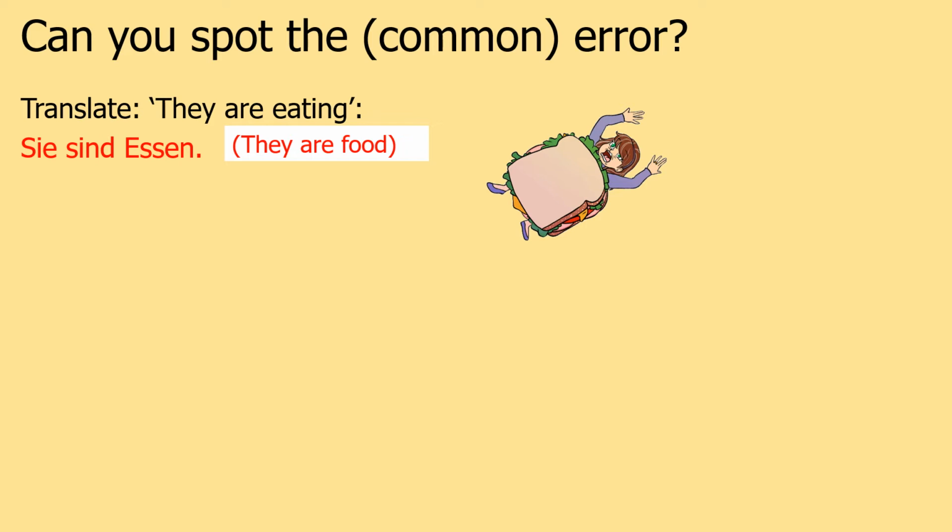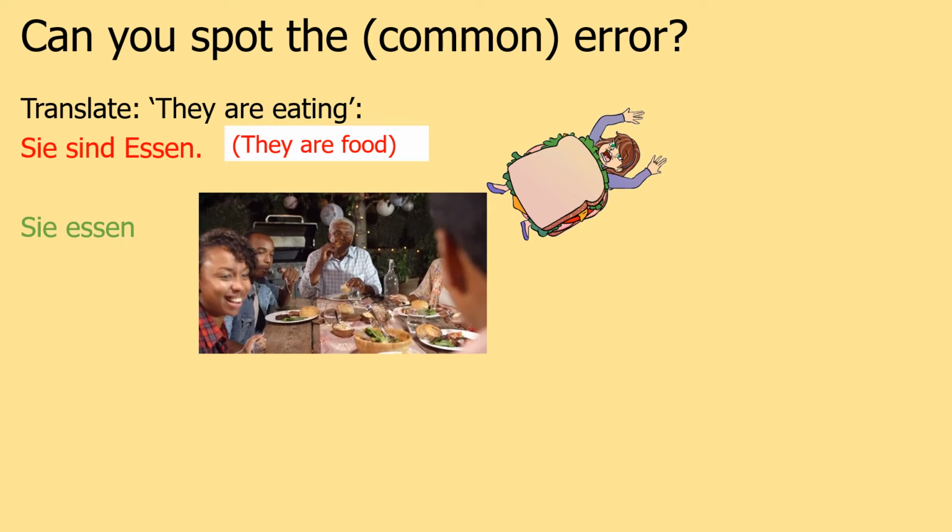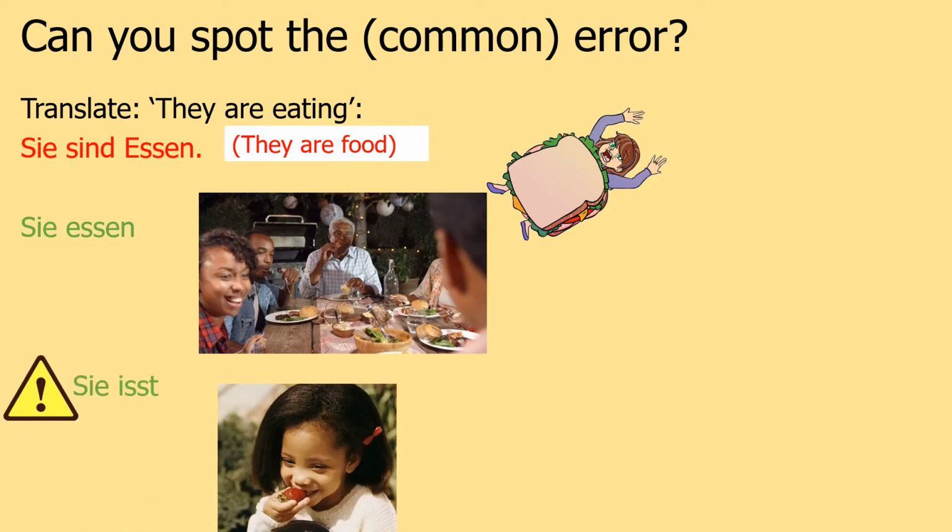We need to be very careful when you are translating that you really look at what it would be when you translate it back. So the correct form would be Sie essen, to say that they, the people, the family, are eating. There is another slight challenge there for us, which is the fact that sie in German, as you know, can also mean she.